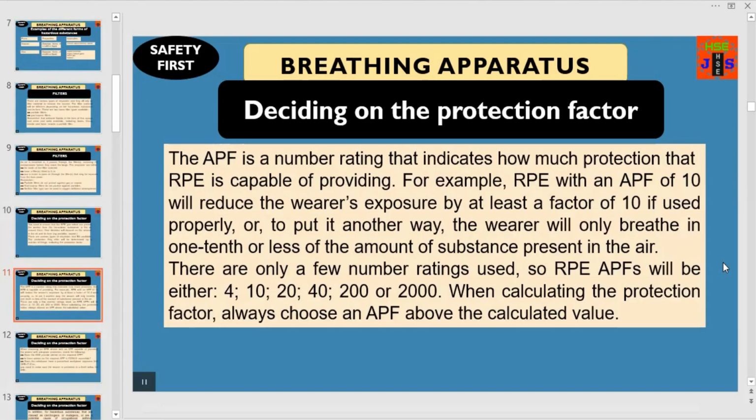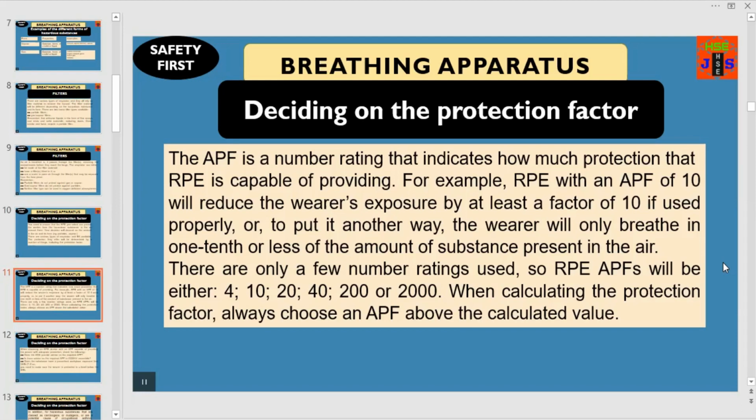The APF, assigned protection factor, is a number rating that indicates how much protection that respiratory protective equipment is capable of providing. For example, breathing apparatus with an APF of 10 will reduce the wearer's exposure by at least a factor of 10 if used properly.